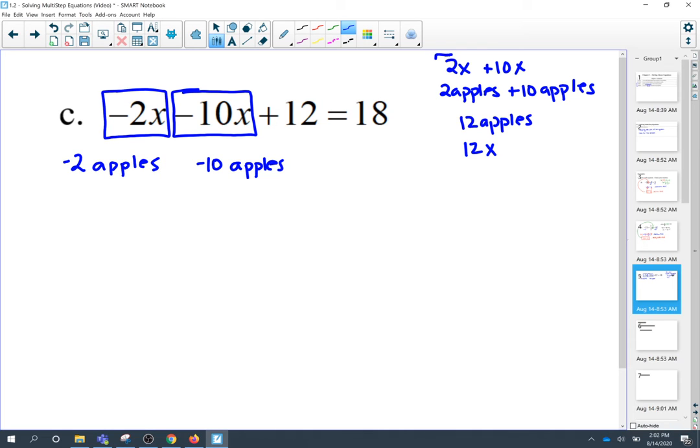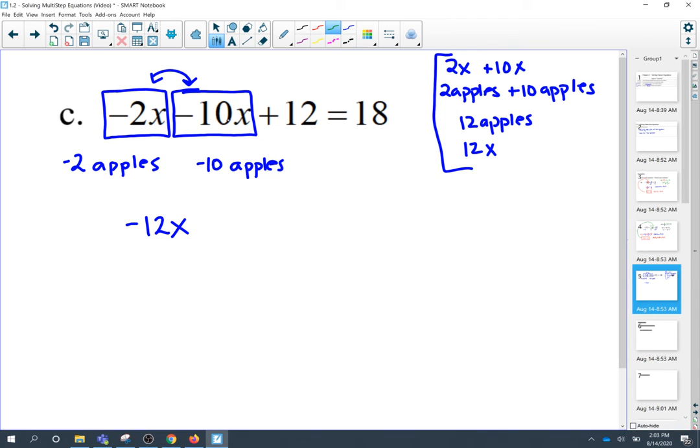Okay, that's kind of a side note. But anyways, let's go back to our original problem. If I have negative 2 apples and negative 10 apples, that would give me negative 12 apples. So I'm going to put these two together. And if I've got negative 2x minus 10x, that's negative 12x. Now, this plus 12, I can't put with the negative 12x because this is an x and this isn't.